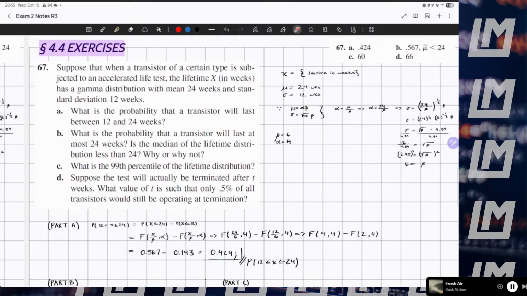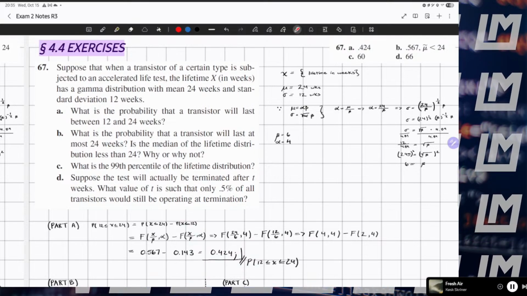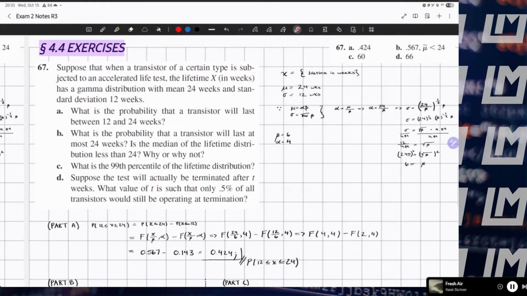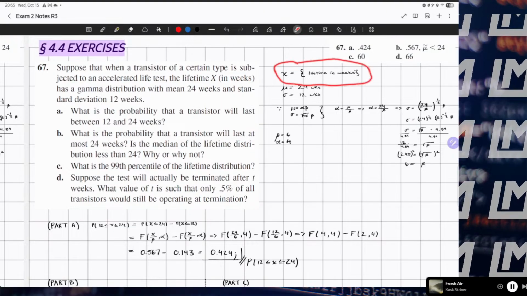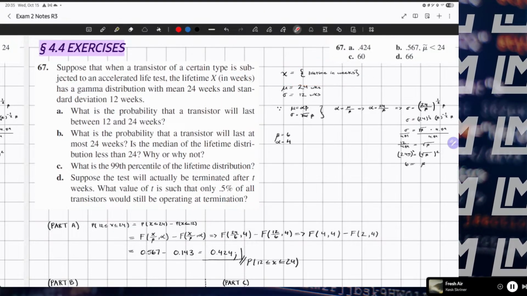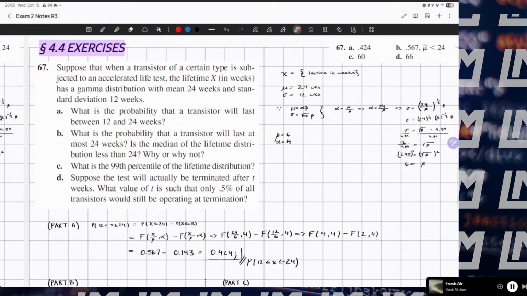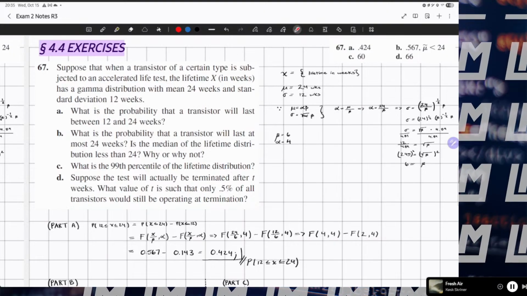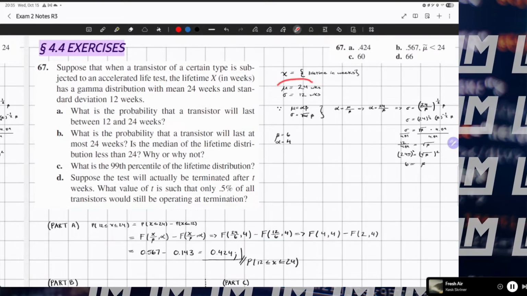So it says, suppose that when a transistor of a certain type is subjected to an accelerated life test, the lifetime X in weeks. As soon as I heard that, I wrote this down: X equals lifetime in weeks, has a gamma distribution with a mean of 24 weeks and a standard deviation of 12 weeks, right? So I wrote that down.